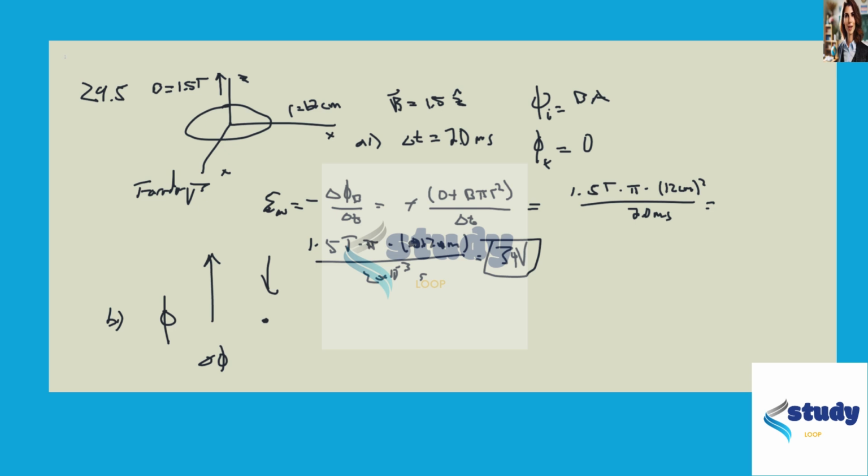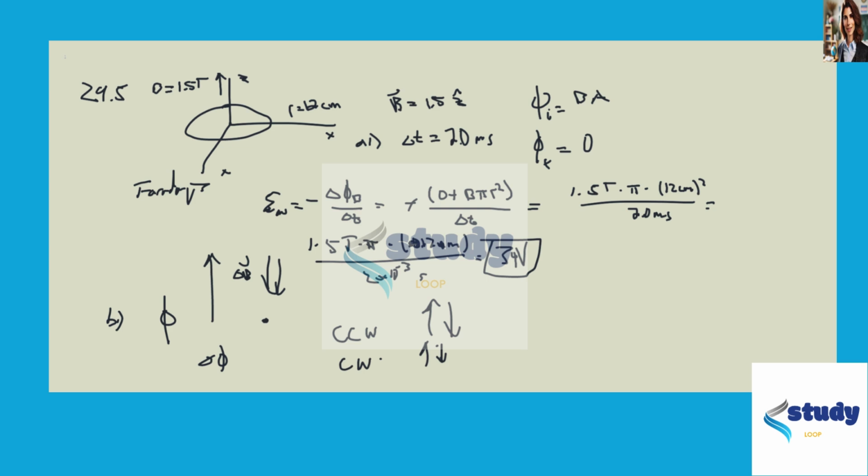So if our magnetic flux is going from very high in this direction down to 0, that means the change in magnetic field is pointing downward. Okay, so what current would produce a field upwards or downwards: would a counterclockwise current, and would a clockwise current?